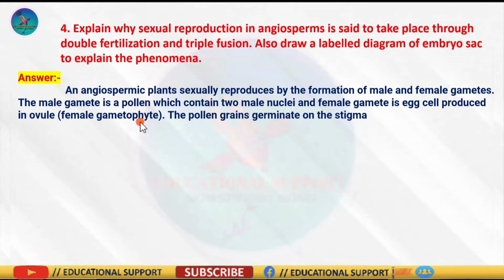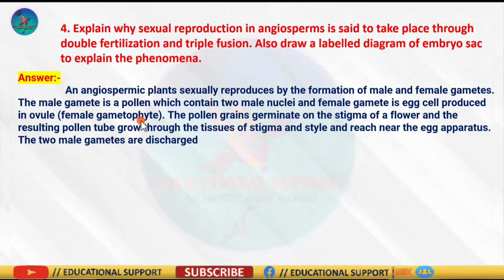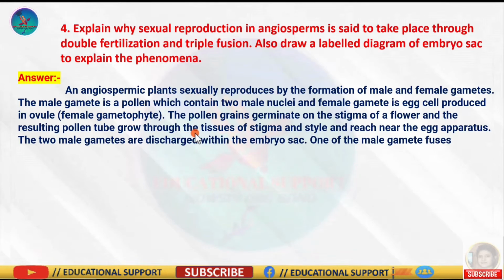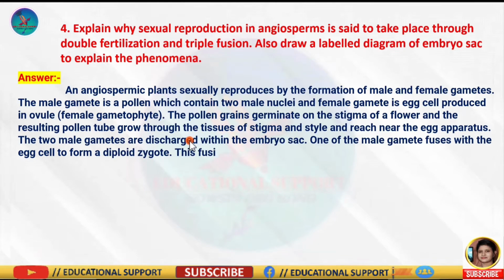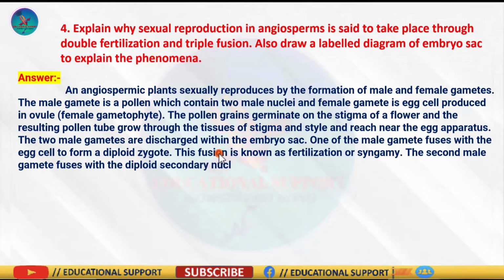The male gamete is the pollen, which contains mainly two male nuclei, and the female gamete is the egg cell produced in the ovule. The pollen grains germinate on the stigma of a flower, and the resulting pollen tube grows through the tissues of the stigma and style and reaches near the egg apparatus. The two male gametes are discharged within the embryo sac.